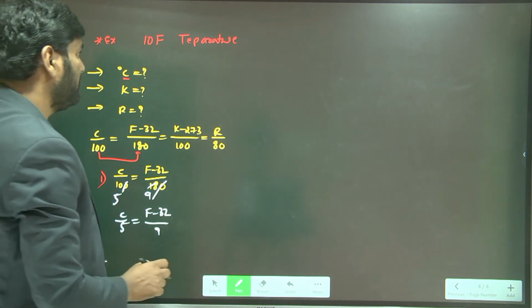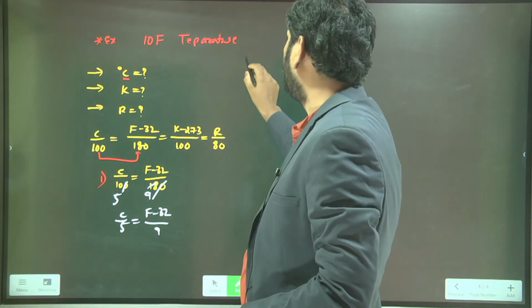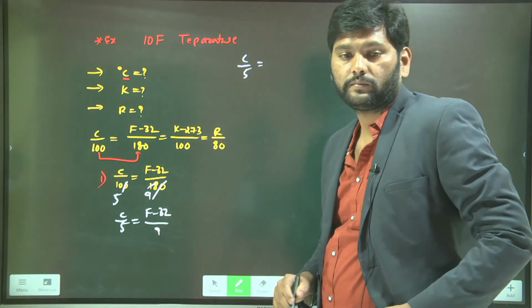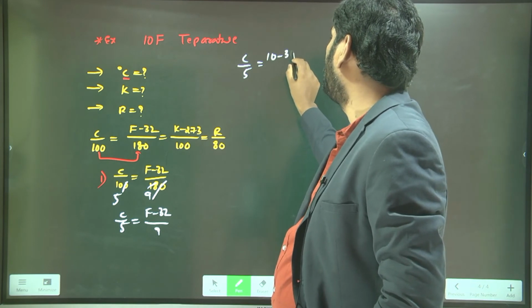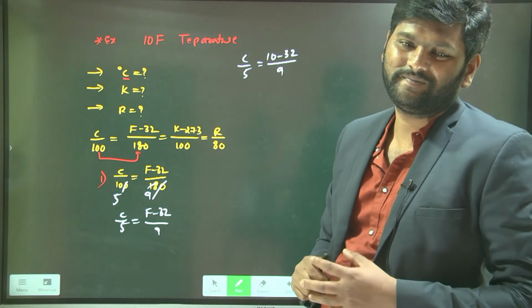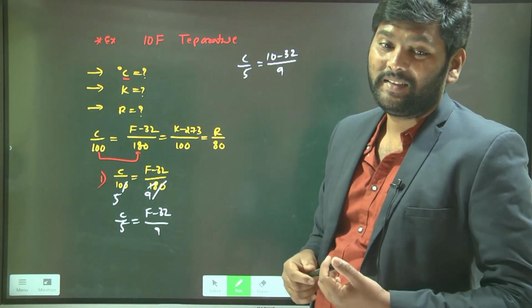But what is F here? F is 10. So 10 minus 32 by 9. 10 minus 32.